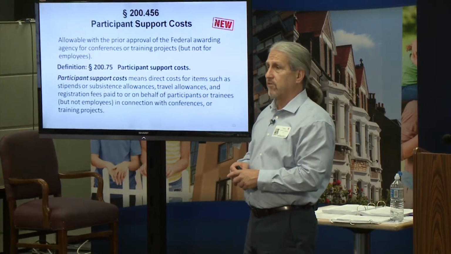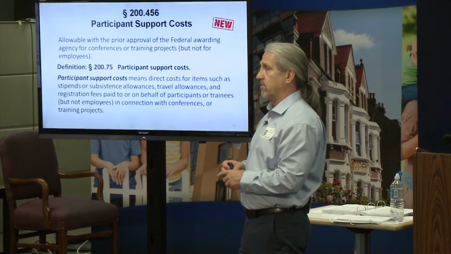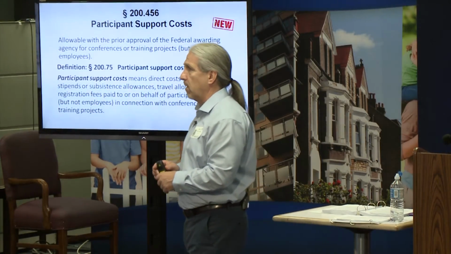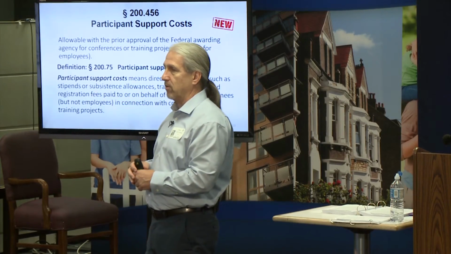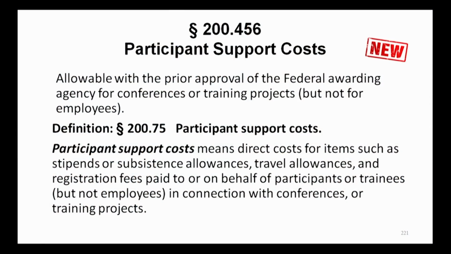456 is participant support costs. So this is a new thing for us too. I added the definition here just for us to look at real quick, because I thought it's kind of interesting. Participant support cost means the direct cost for items such as stipends, subsistence allowances, travel allowances, registration fees that we might pay on behalf of that participant to attend a conference or a training in connection with that project.